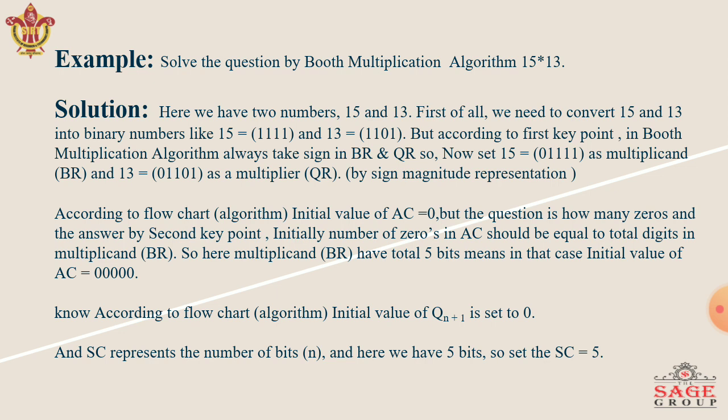Now according to the flowchart algorithm, the initial value of Qn plus 1 is set to 0, and SC represents the number of bits n. Here we have 5 bits, so set the SC sequence counter equal to 5.